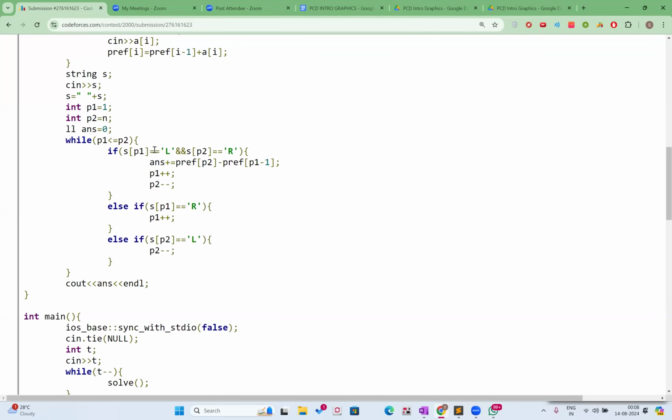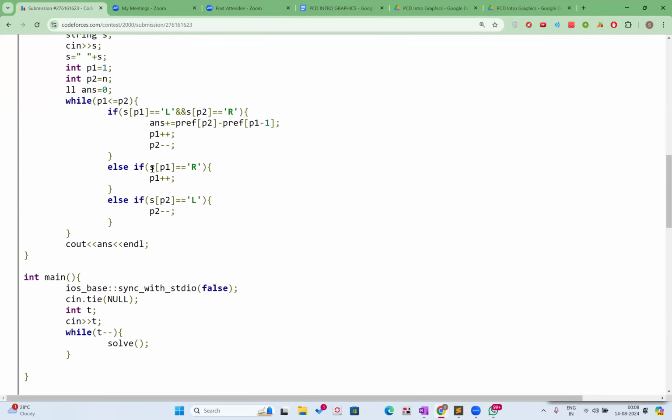If the character at position P1 is L and the character at position P2 is R, we'll just add the range sum from P1 to P2. That can be done as the prefix sum up to P2 minus the prefix sum up to P1 minus 1. That is added to the answer, and we'll just increment P1 and decrement P2.